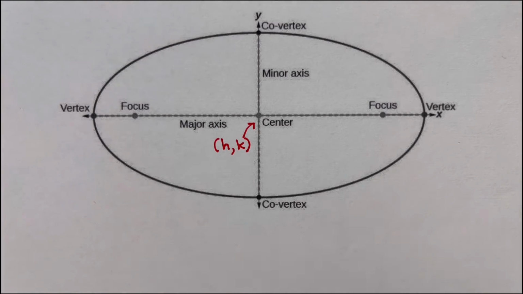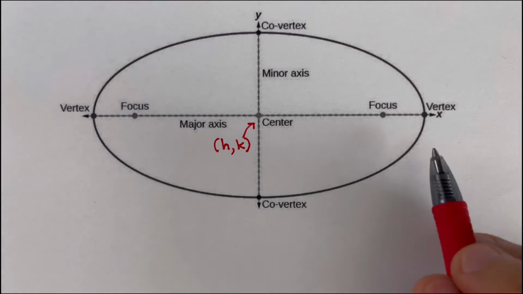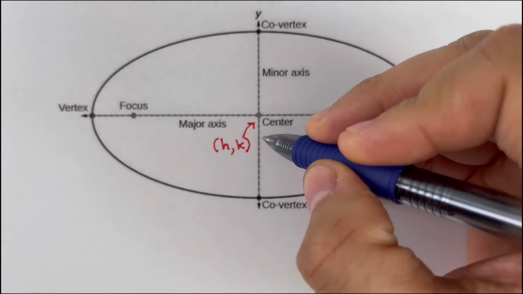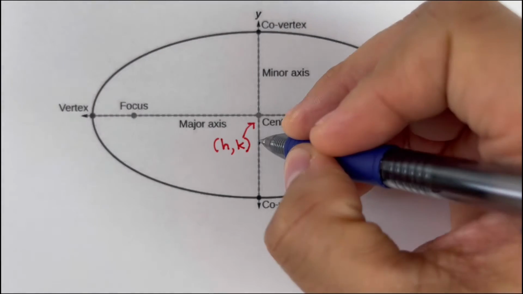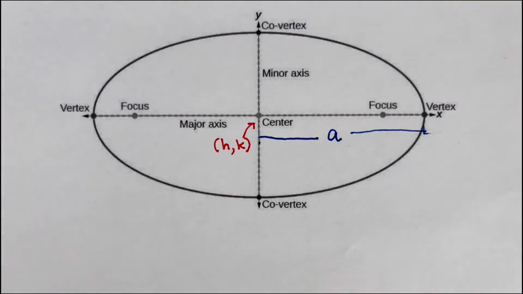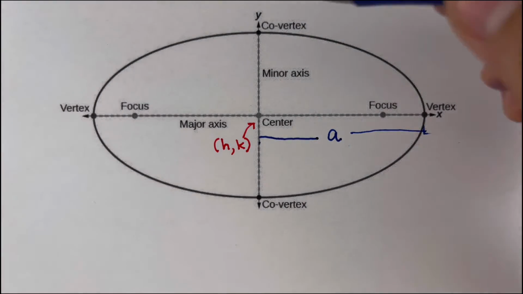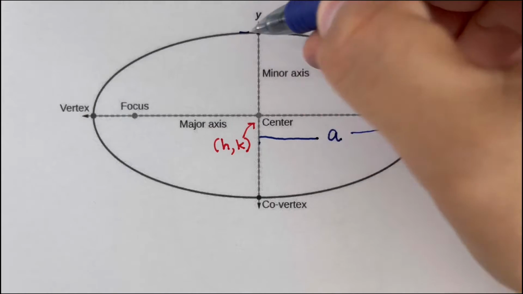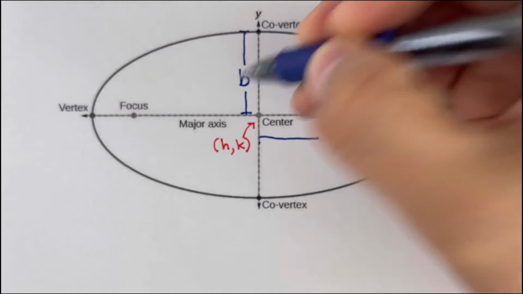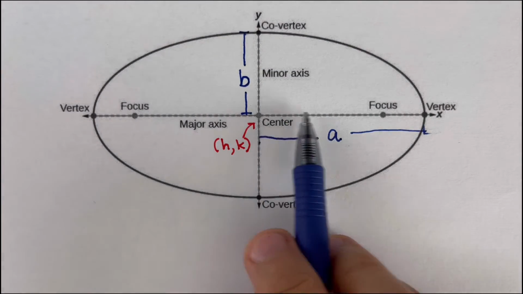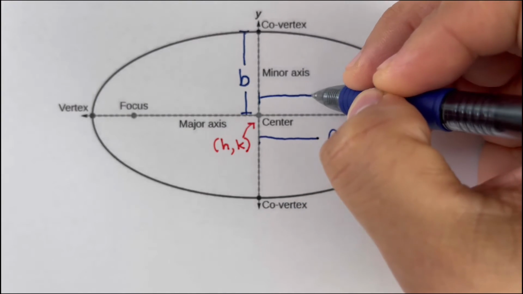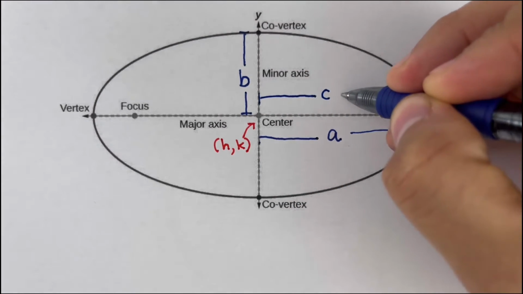Now we remember that the distance from the center to the vertex, coming from the center right here all the way to the vertex, we call this A. So this value that we have here is A, represented as letter A. While the distance from the co-vertex to the center, we will represent as letter B. And the distance from the center to the focus, we're going to represent as letter C. So I'm just going to label that as letter C right there.